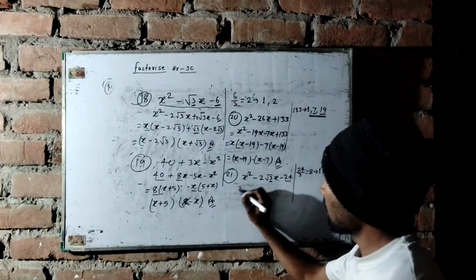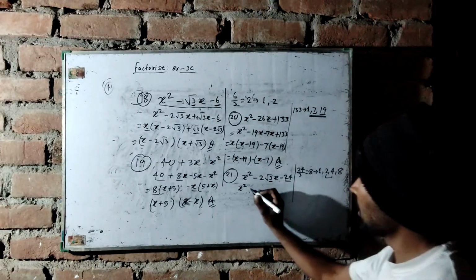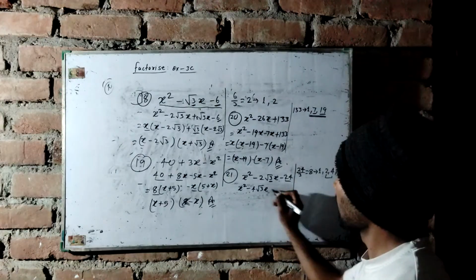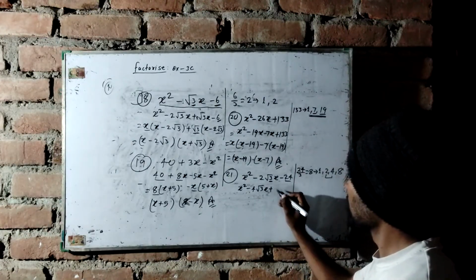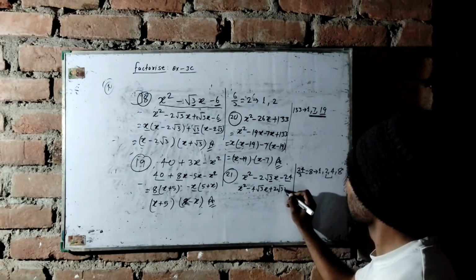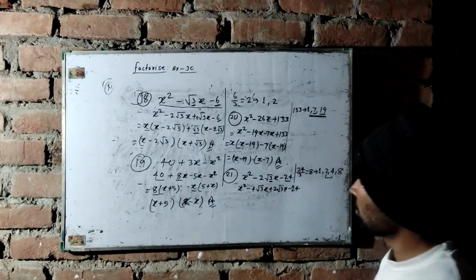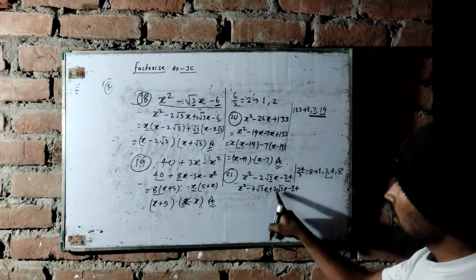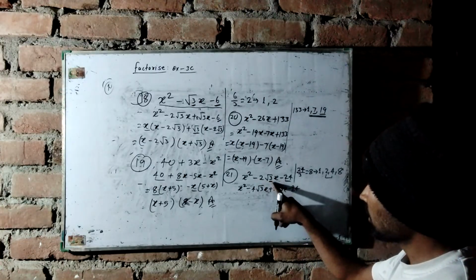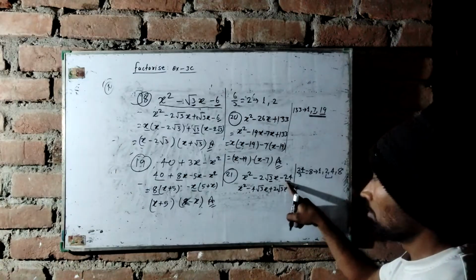So we can write x squared minus 2 under root 3x as x squared minus 4 under root 3x plus 2 under root 3x, and 24 as it is, because their sum will be minus 2 under root 3x and their product will be minus 24.